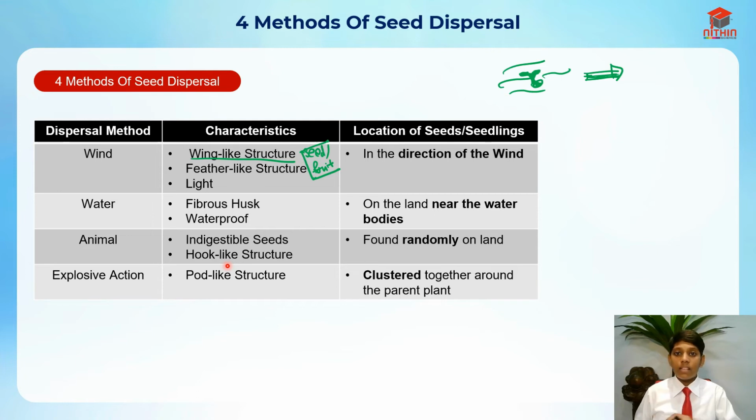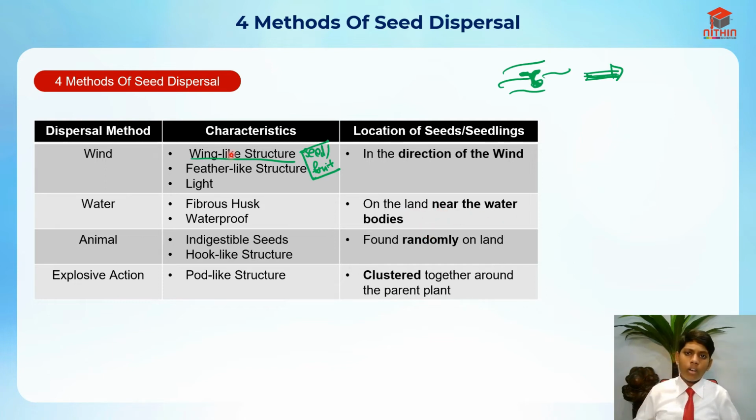And when the fibrous husk traps air, which is less dense than water, it helps the fibrous husk to float. And the fruit or seed actually needs to be waterproof as well, so that it can float, and basically water resistance.